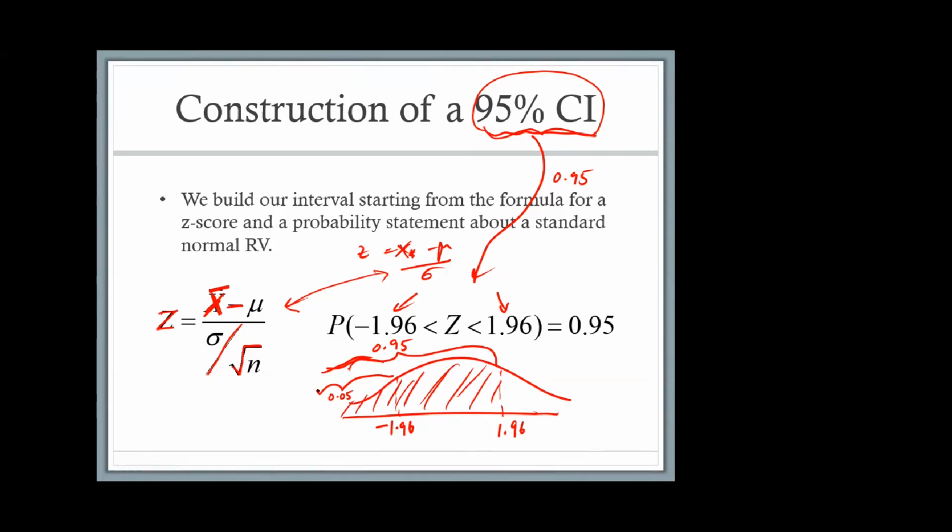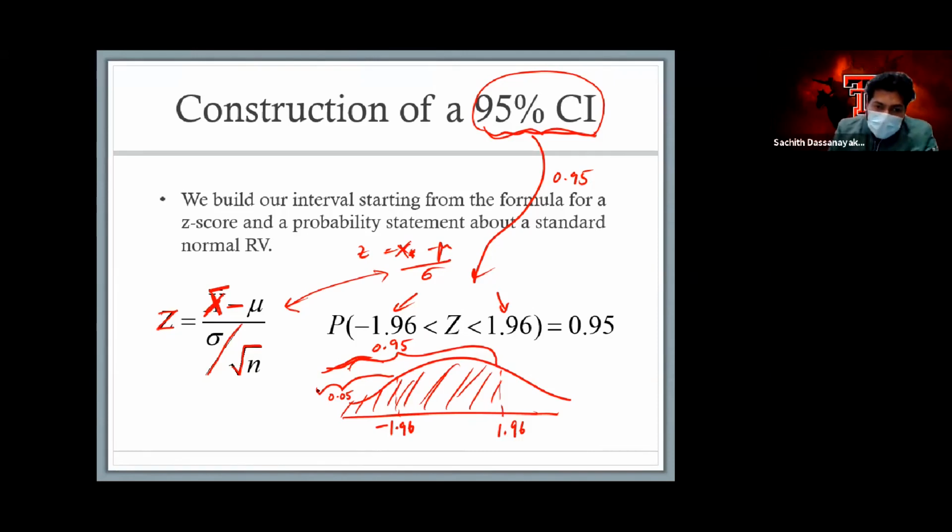Once you get the Z-score for probability value 0.05, you will get negative 1.96. Those are the two values mentioned here, because we are talking about whatever is inside this.